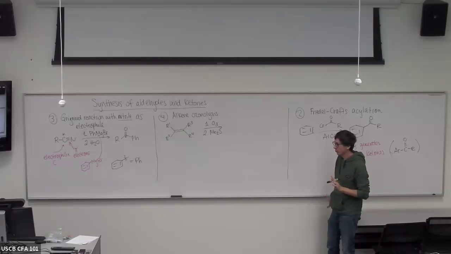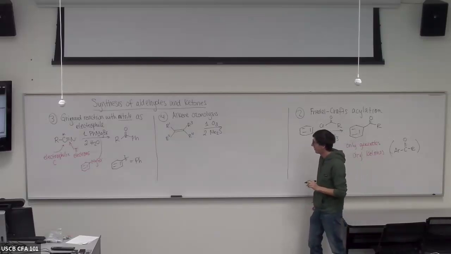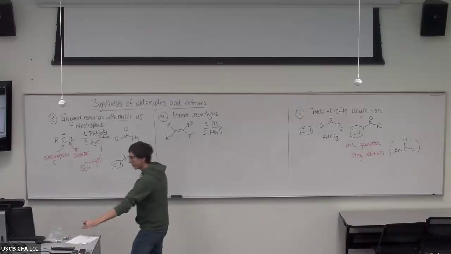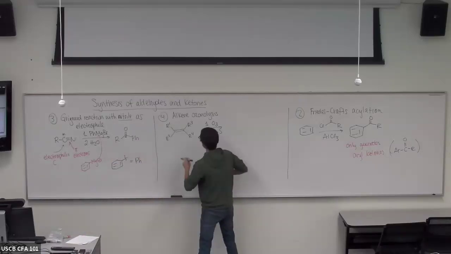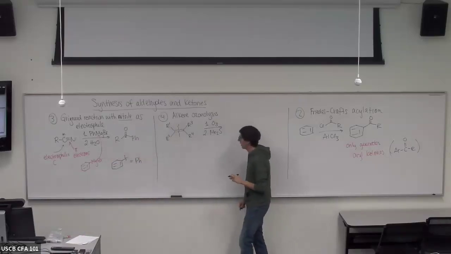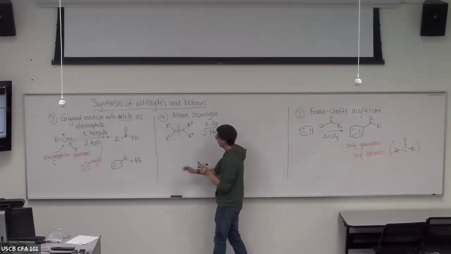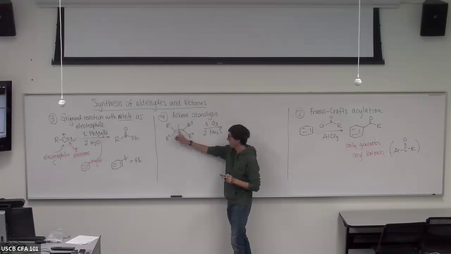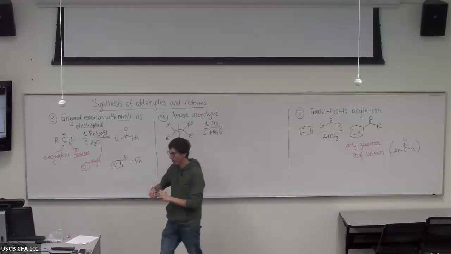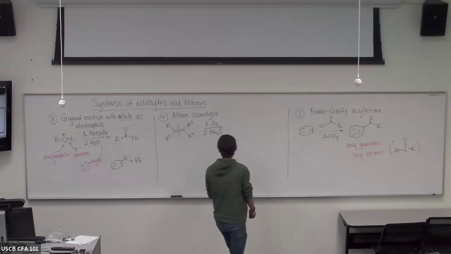This does something cool and unusual, and it basically cuts the alkene in half like that, and replaces this area with an oxygen atom on both halves of the molecule.